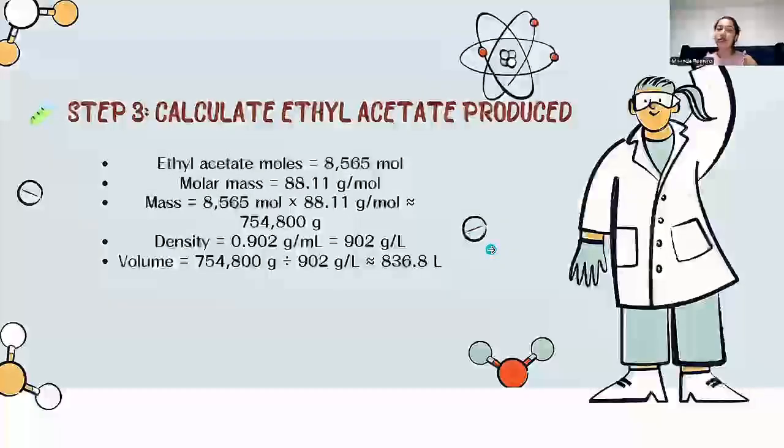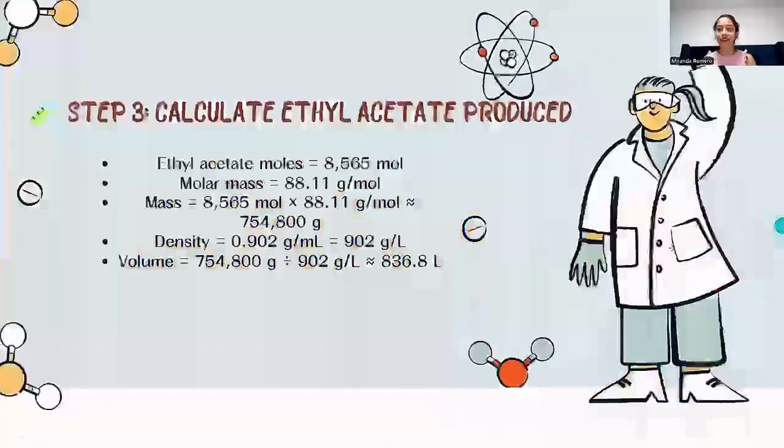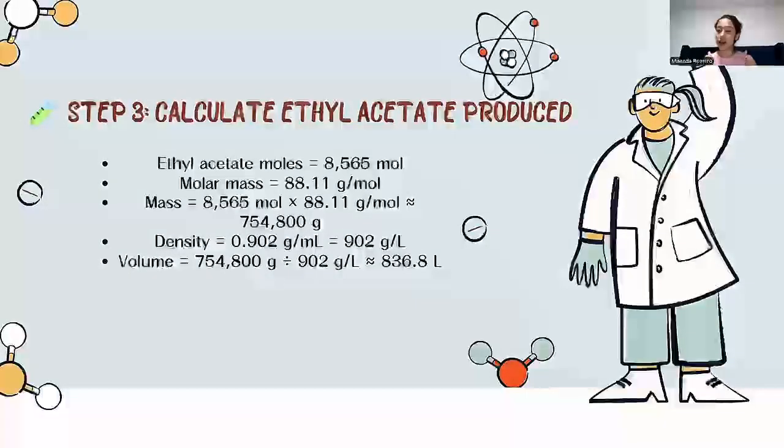Our step 3 will be to calculate the ethyl acetate produced. As it is 1-to-1 because of the stoichiometry of the reaction, it will be the same amount of moles that we got from the ethanol. And after that, we can get the molar mass of the ethyl acetate with our periodic table as well, and we can multiply it by the moles we got from the ethanol so we can get the mass.